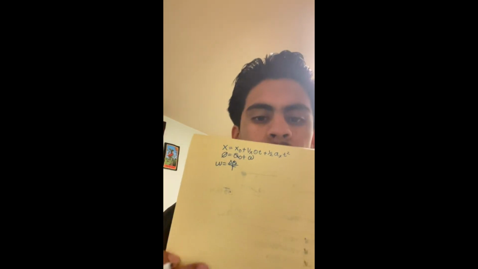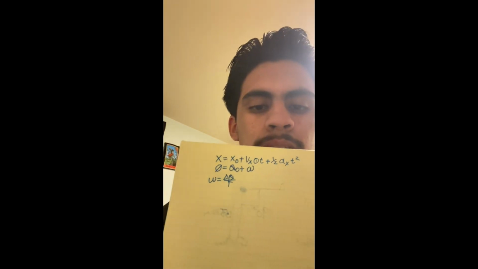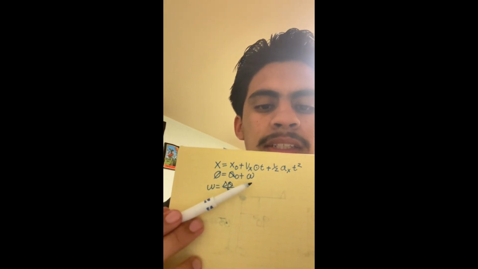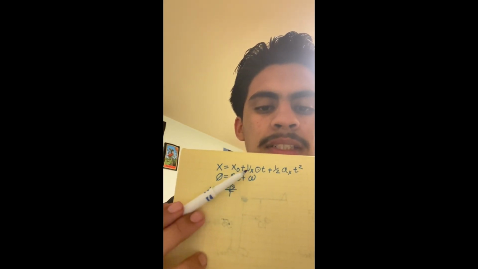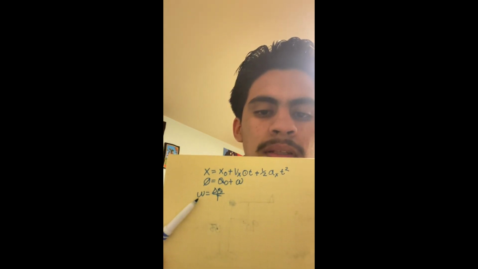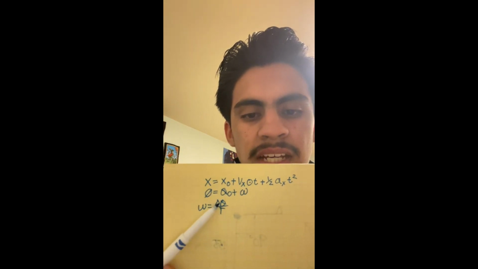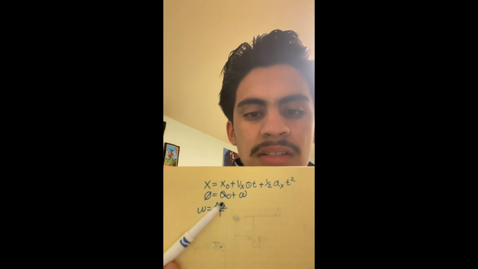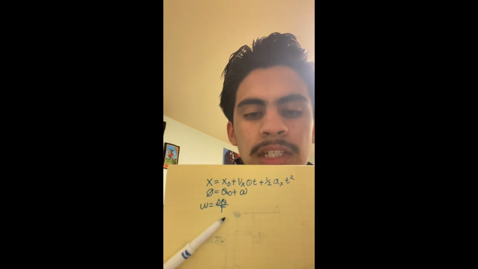So omega is equal to change in theta over time. Omega is a velocity, and position is theta. The triangle means change of theta over time.